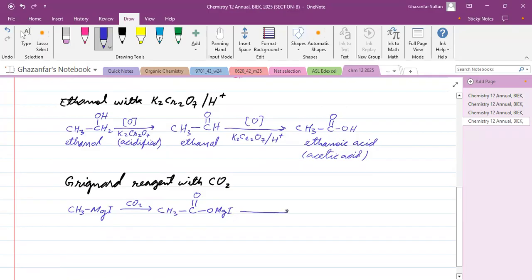Then in the next step, it is worked up with water, with dilute acid. What happens? It produces CH3, C double bond O, and it becomes H. So it becomes ethanoic acid.